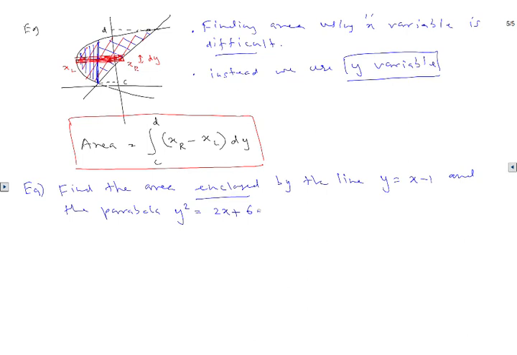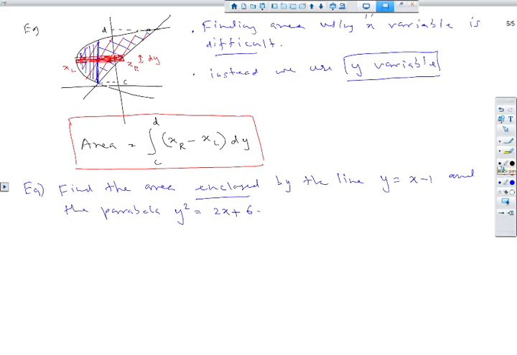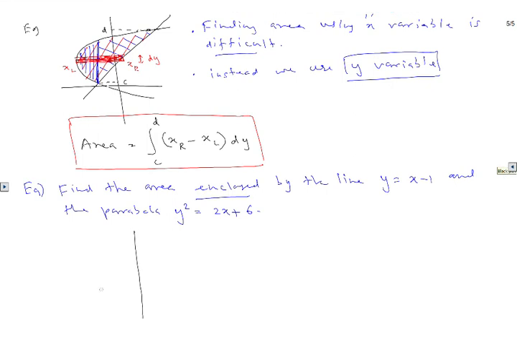If you graph them, what you can do is find a few points and plot them. That's the kind of easy way to do these kinds of problems. Just try to find a few x values and then find the corresponding y value, and do the same thing with the line. If you graph it, this is what you get. So that's the parabola. It's going to go like that.